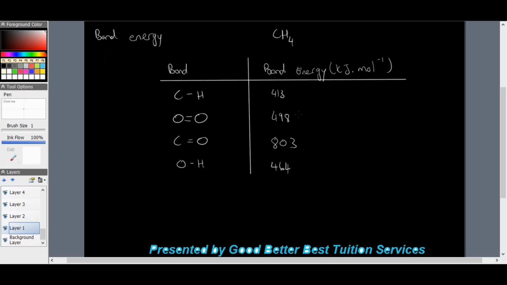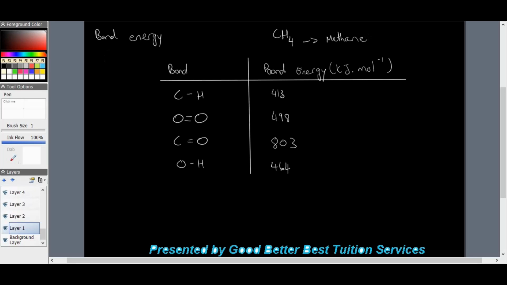We all know this to be denoted as methane, the chemical formula for methane. And for example, I want to look at how much energy is taken in per mole.